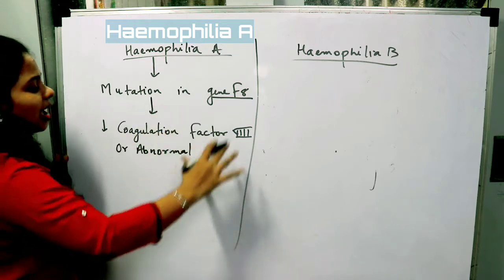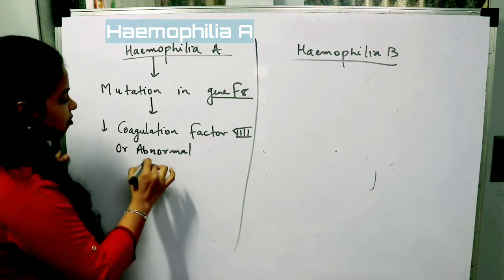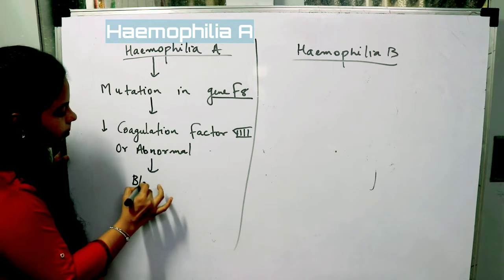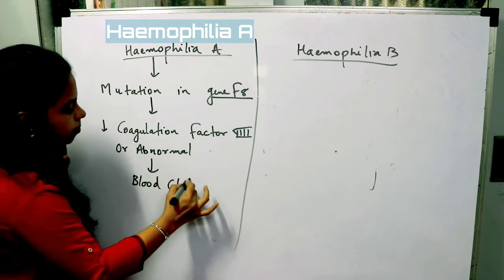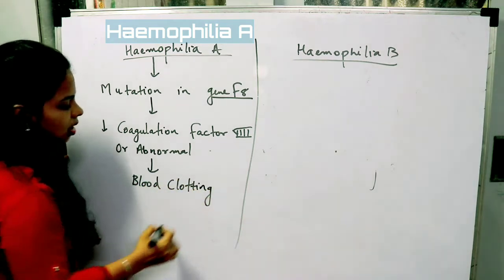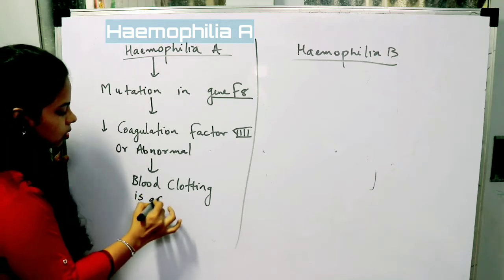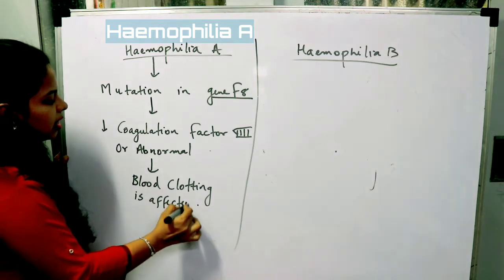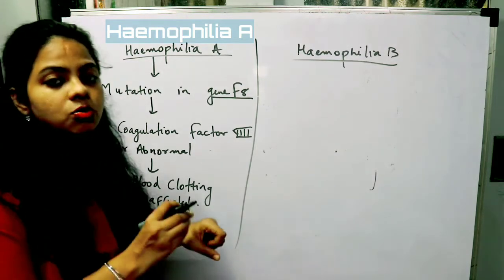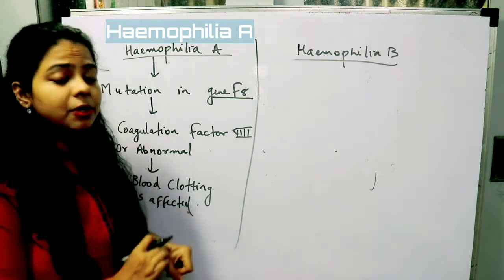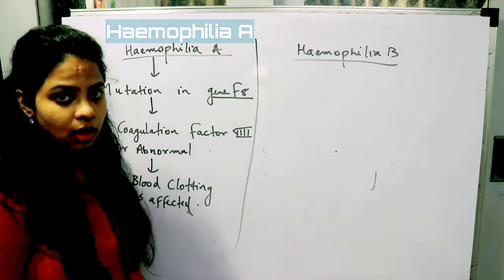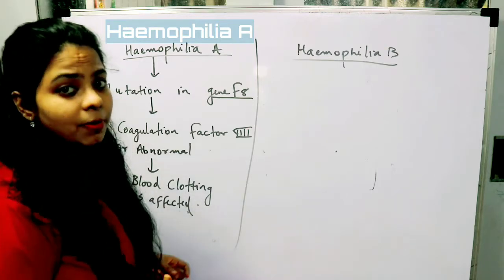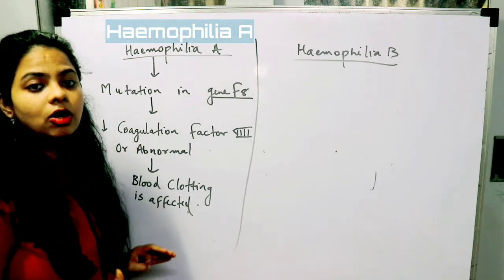Due to this abnormal or low production of this factor, the blood clotting is affected. For example, if a person has a small minor cut, that person will have non-stop bleeding. So hemophilia leads to continuous or non-stop bleeding because of lack of clotting of blood.